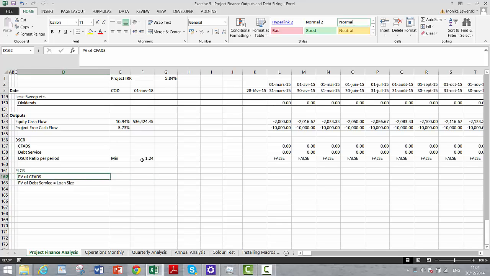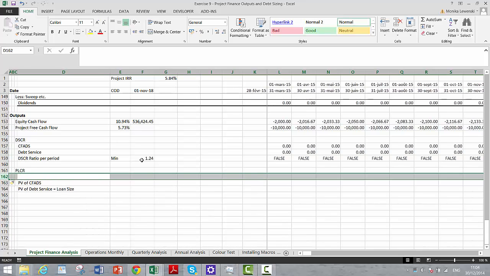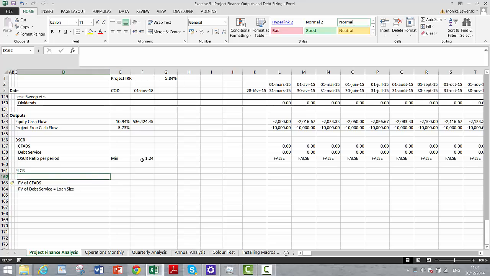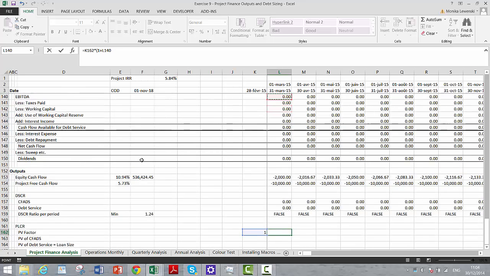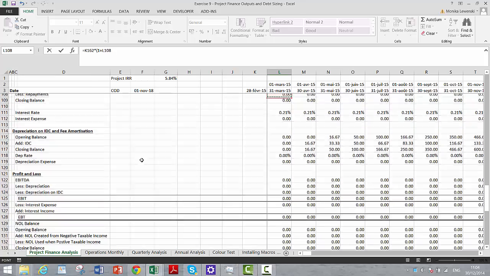Now, in this case we have constant interest rates, but I'm going to put a PV factor just in case you wouldn't have constant interest rates. And the trick here is to put an equal 1. And we'll take that and multiply it by 1 plus the interest rate.